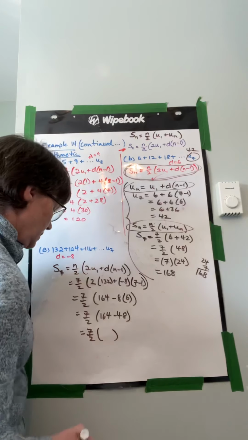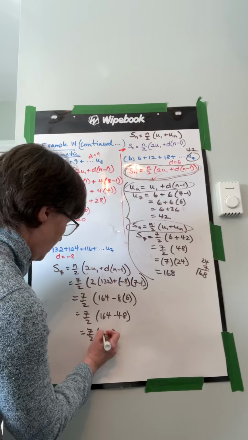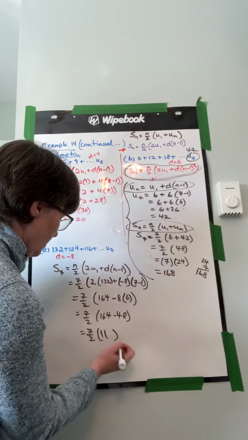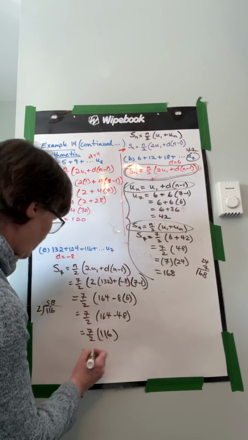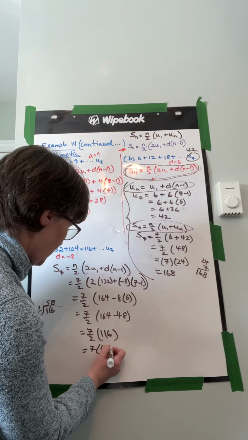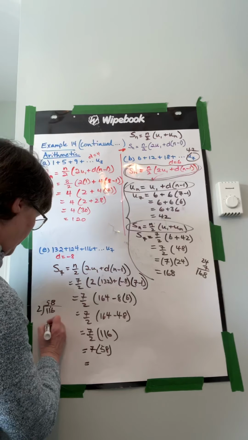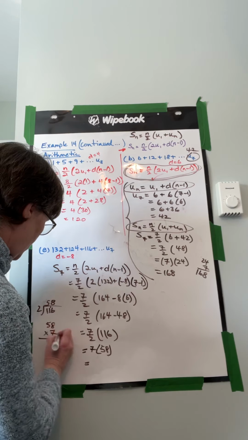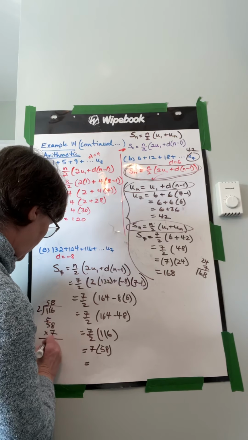So 116. I'm going to assume this is a no calculator question. Whenever you get the chance, practice your arithmetic skills. Okay, and then 58 times 7, 56, 350, 406.